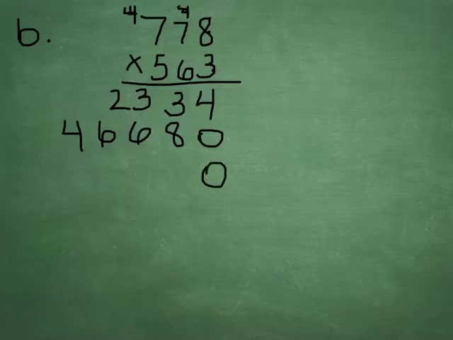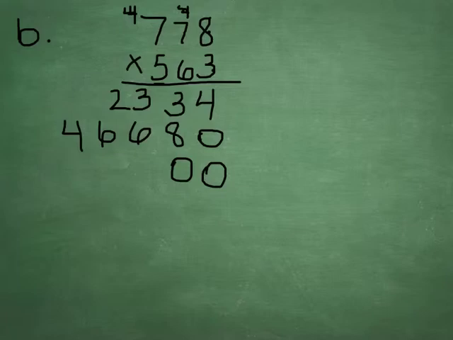Now for this last one, because this 6 was in the tens place, I added this 0. But because the 5 is in the hundreds place, I'm going to come over and add 2 zeros to the end of my final number. Okay, and that's why you do that.